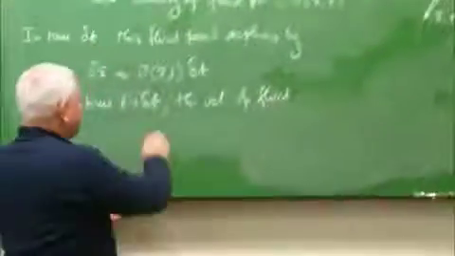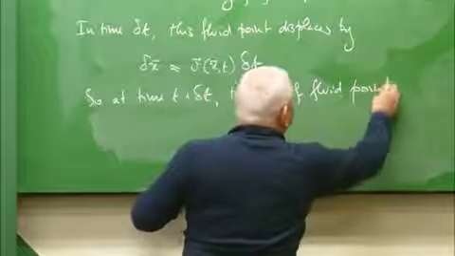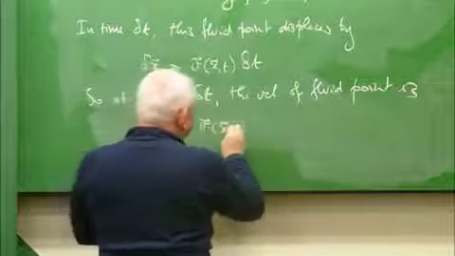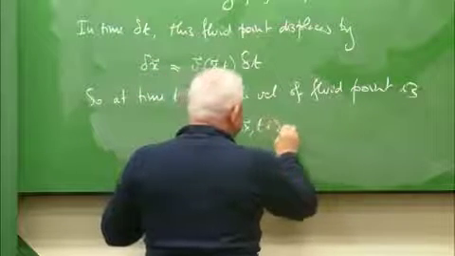And so at time t plus delta t, the velocity of the fluid point is v at x plus delta x, t plus delta t.